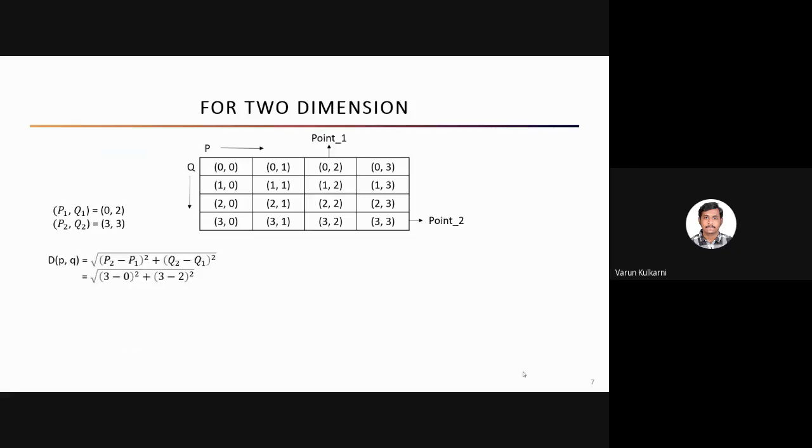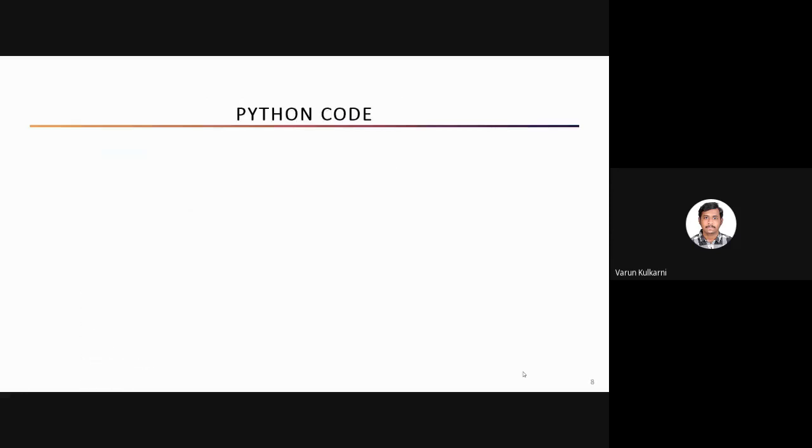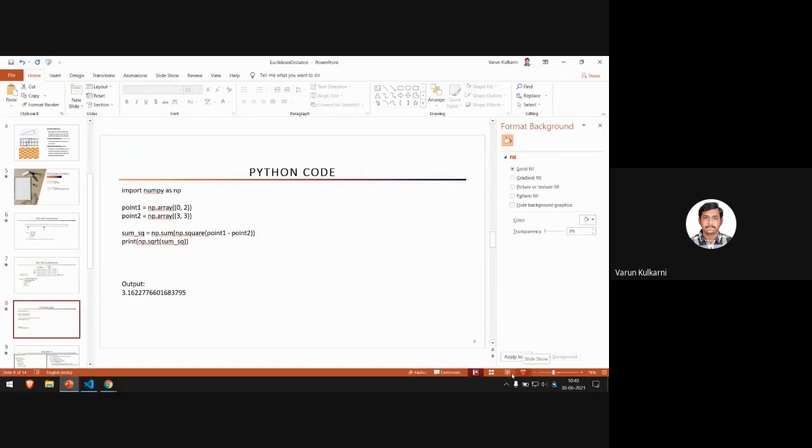Now we create point 1 and point 2, and we substitute, that is point 1 minus point 2 squared. So what we get as the result is approximately 3.16.